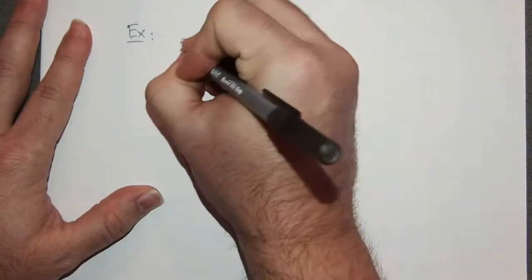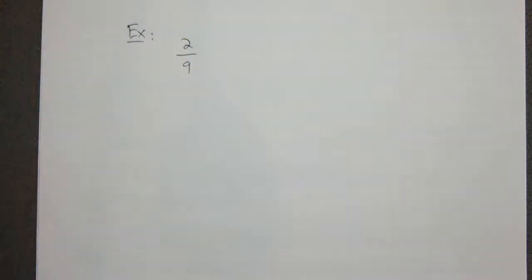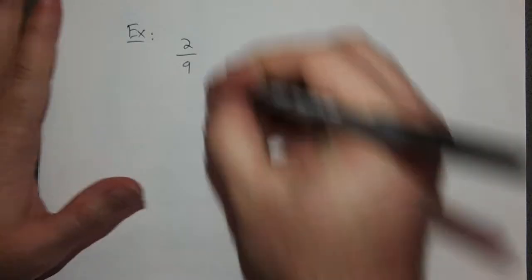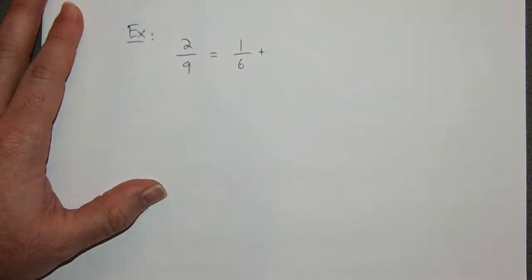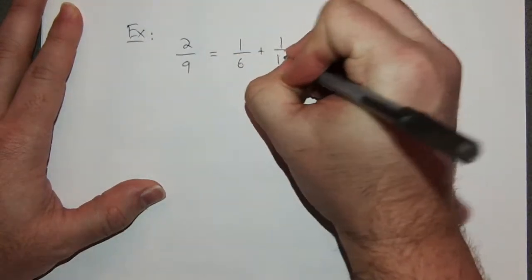And so let's do some examples. Some examples here, like 2/9. How would Egyptians write 2/9? They would write 2/9 as 1/6 plus 1/18.